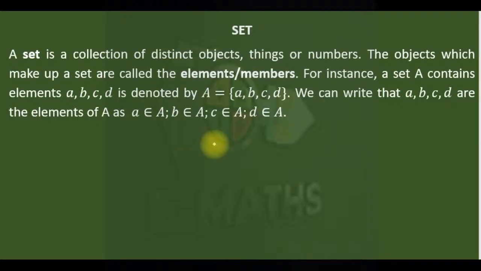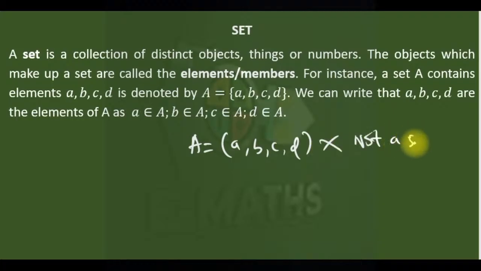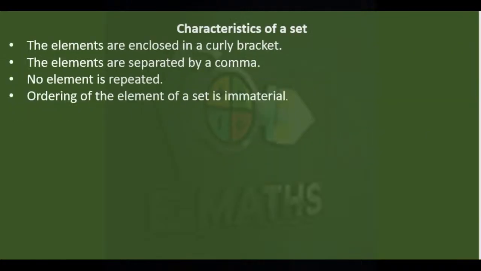It must be this type of bracket, curly brackets. Each of these is called an element or a member. So a is an element of A, b is an element of A.